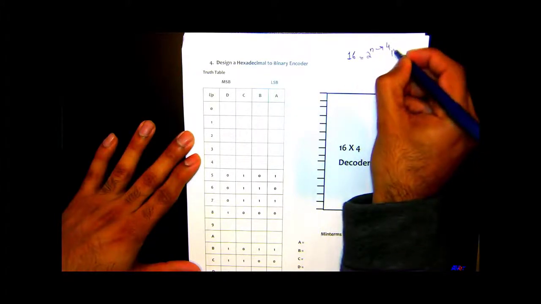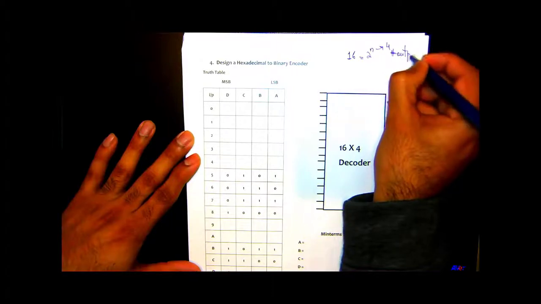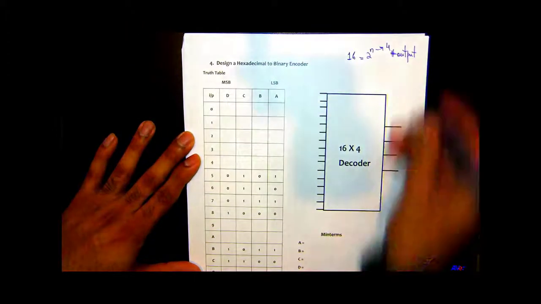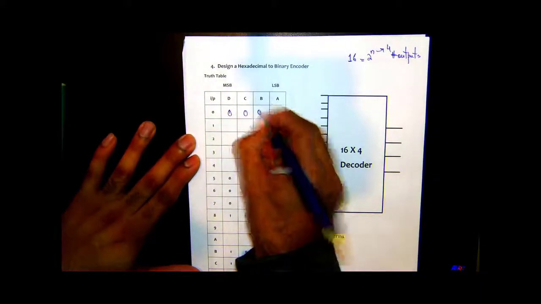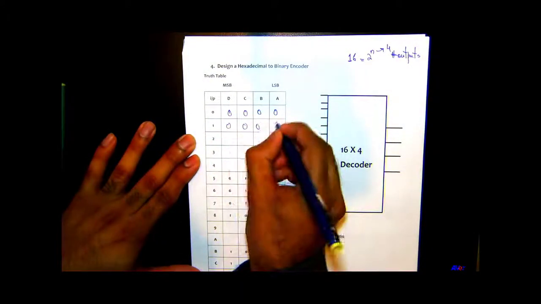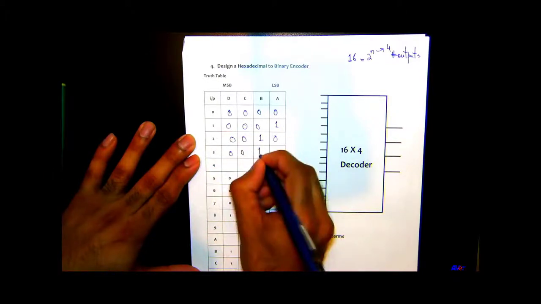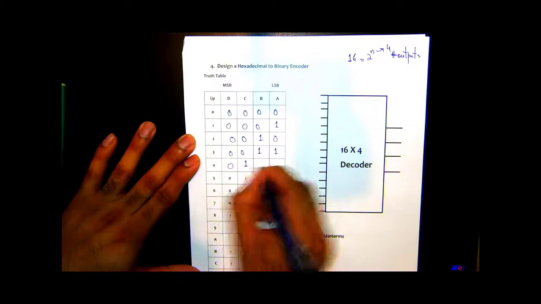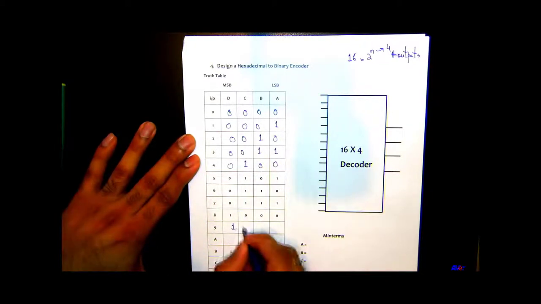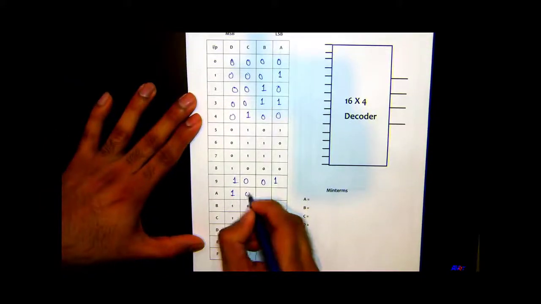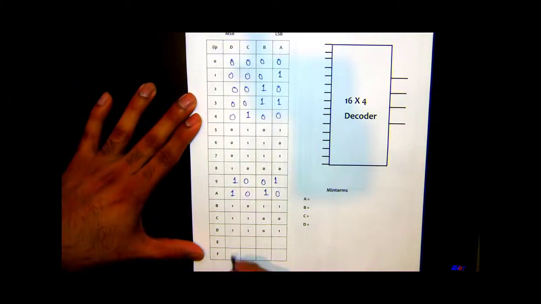That's your number of outputs. So again, 0 represents a code of 0000, then 0001, 0010, 0011, 0100, 0101, and so on. What is the code for E, guys? Correct. 1110 is for E.